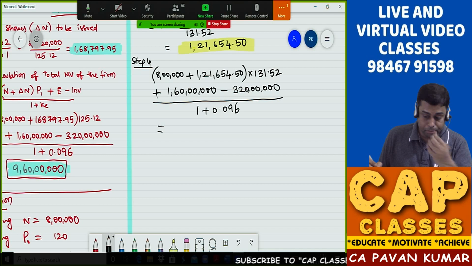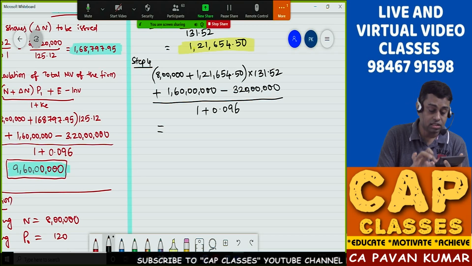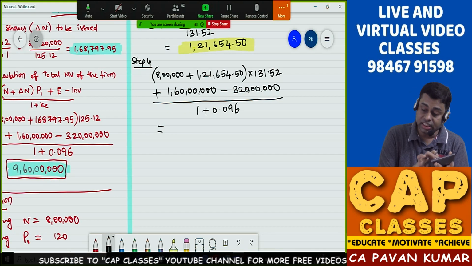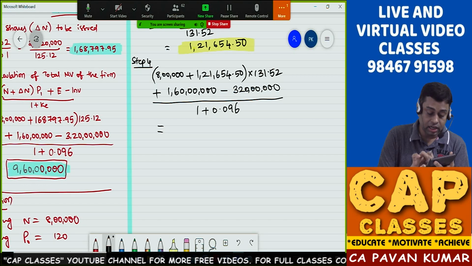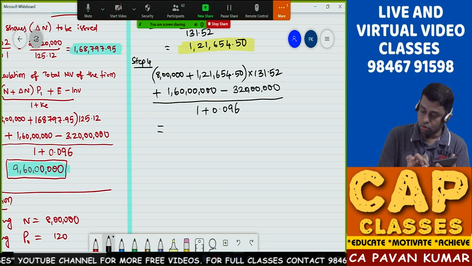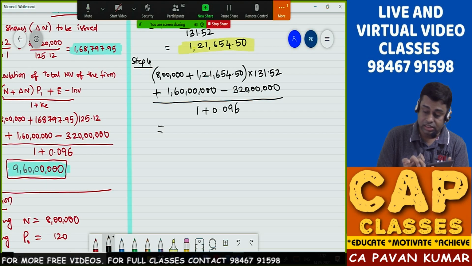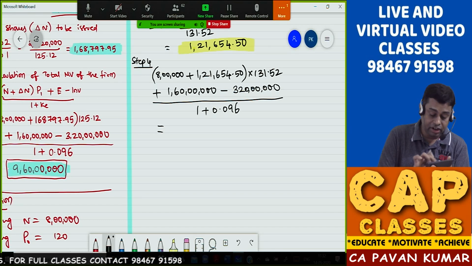So again, please be careful, take a calculator and calculate. Take 8 lakhs plus 1,21,654.5 into 131.52, add 1 crore 60 lakhs minus 3 crores 20 lakhs, divided by 1.096.